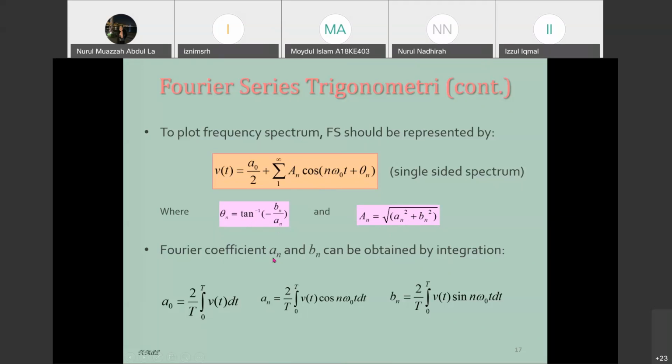The Fourier coefficients an and bn here can be obtained by integration of the original V(t). So a naught is equal to 2 divided by T times the integration from 0 to T of V(t) dt. And for an you integrate with the cosine part, for bn you integrate with the sine part.